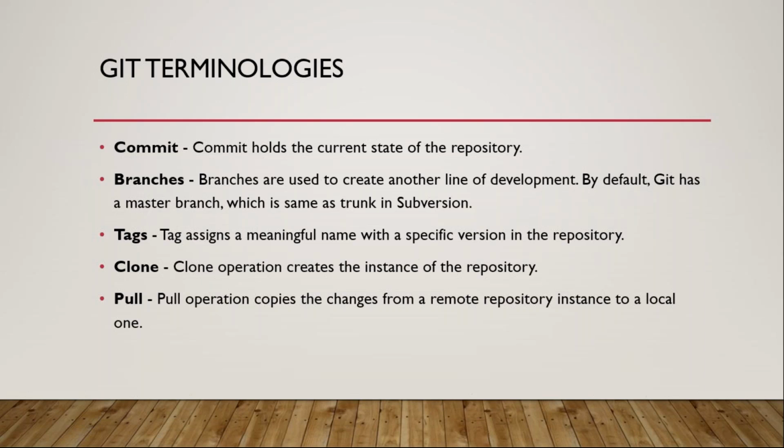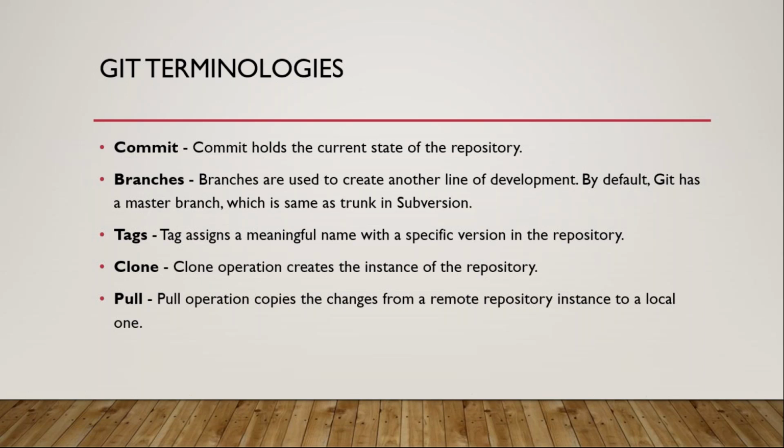The current state of the repository will be known by this commit. There is a pointer called the head pointer, and this head pointer points to a particular commit. So the current state of the repository will be known by this head commit. Head is pointing to a particular commit, so you will come to know which commit it's pointing to.